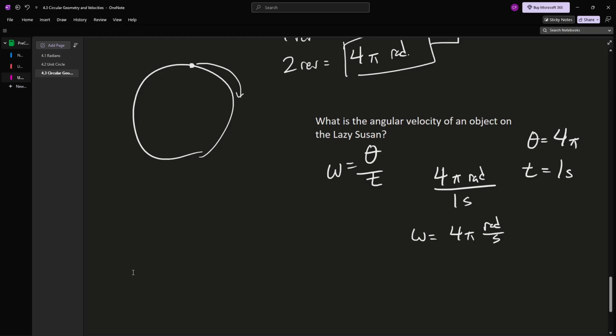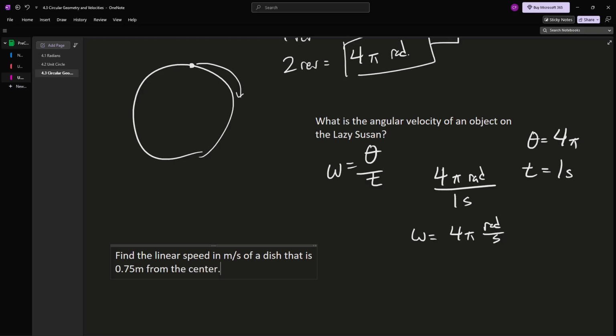So we have that. Next up, I now want to find the linear speed in meters per second of a dish that is 0.75 meters from the center.